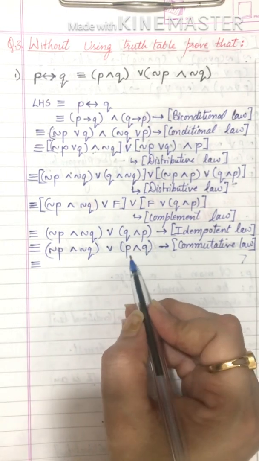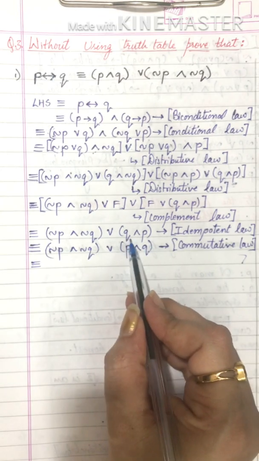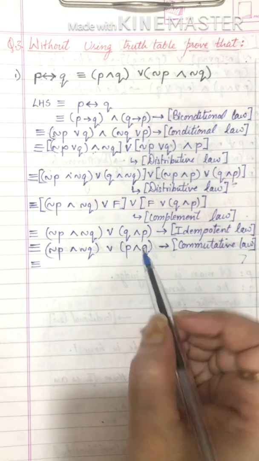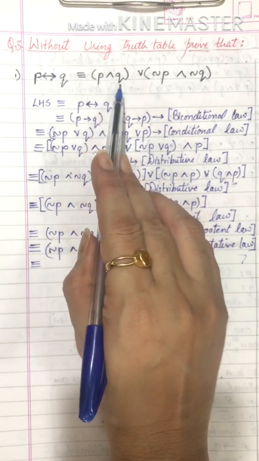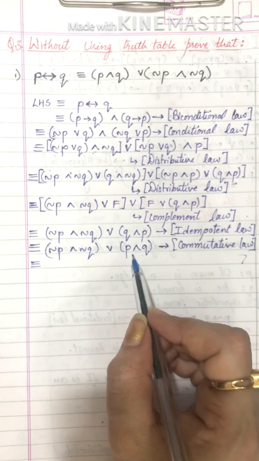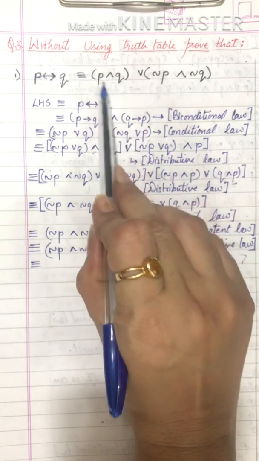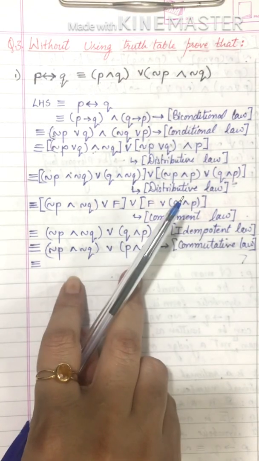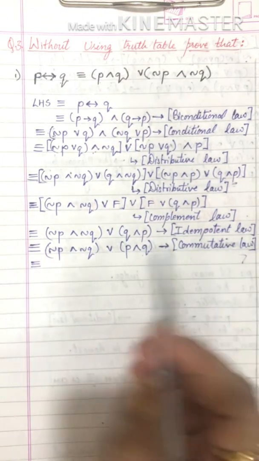Now you will be thinking why I have done this. When Q and P was written, why have we taken it as P and Q? It's because in the question we are asked P and Q, so I have taken the commutative law here, right? And then again in the question, this bracket is first and this one is second, and see what we have got. So again we'll have to swap it like this. The same law will be applicable.